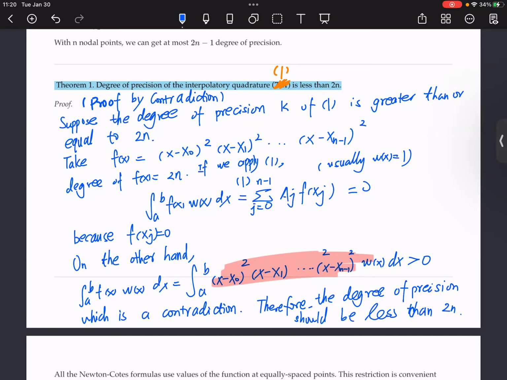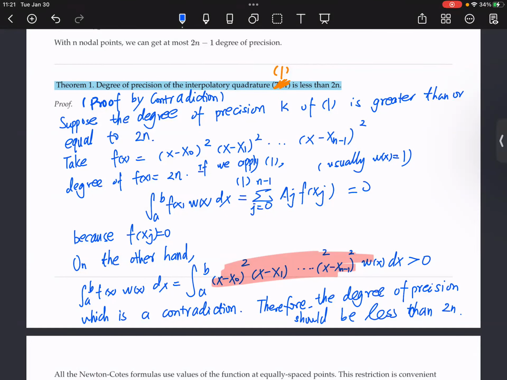Because if we suppose the degree of precision is 2n, and we substitute any polynomial of degree 2n or less, the quadrature rule should be exact, because that is the definition of degree of precision, right? And now we define this function, and we substitute the xj into it.